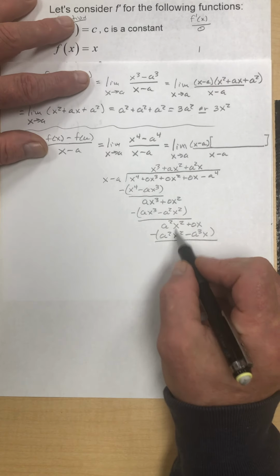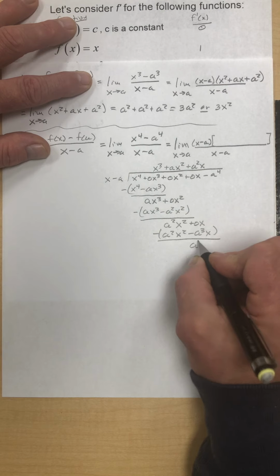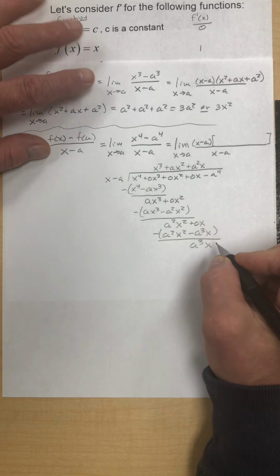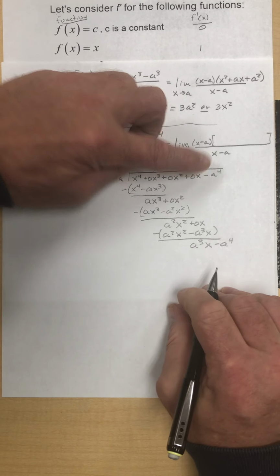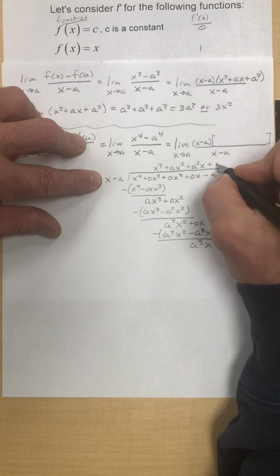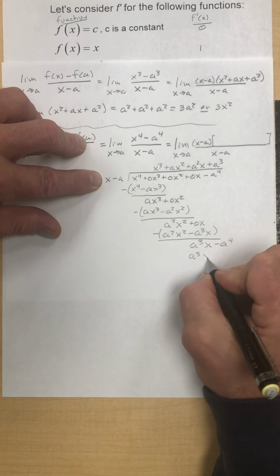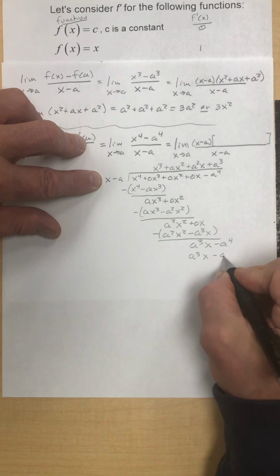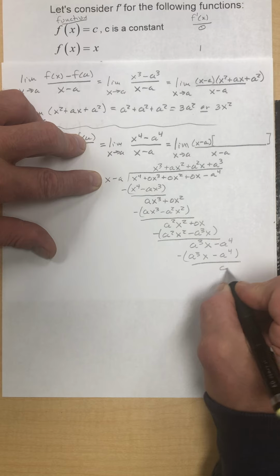Okay, so these cancel off, we know that. And I have minus a negative, so I have a cubed x. Okay, and then bring down the minus a to the fourth. Okay, so a cubed x divided by x is a cubed. Multiplied through, so I'm going to get a cubed x minus a to the fourth, and obviously when you subtract, you get nothing.